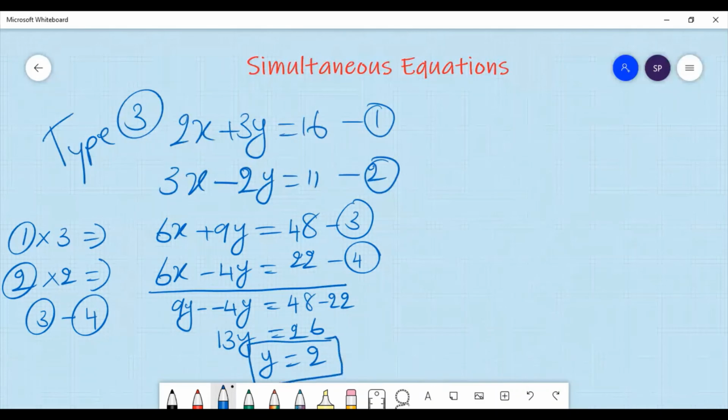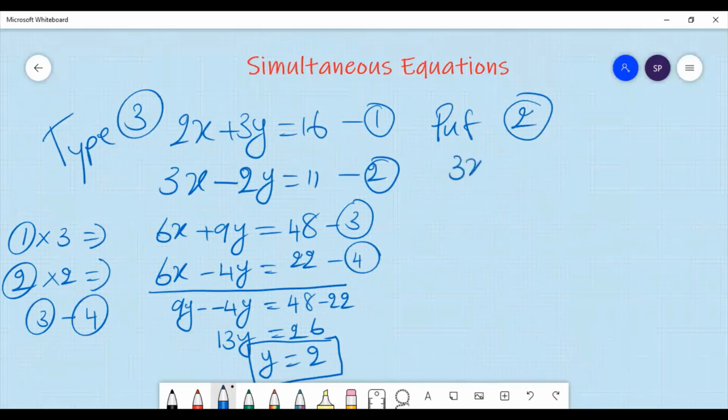And then we're going to put this y into whichever the equation, doesn't matter. So we can put it into equation 2 here. It's up to you. You can put it into 1 or 2, or even 3 or 4, but obviously 3 and 4 are derived from 1 and 2. So we're going to put it into equation 2.